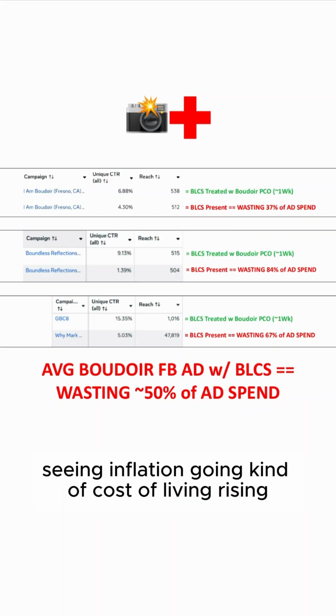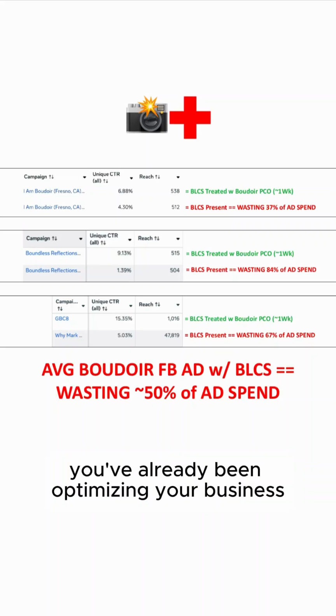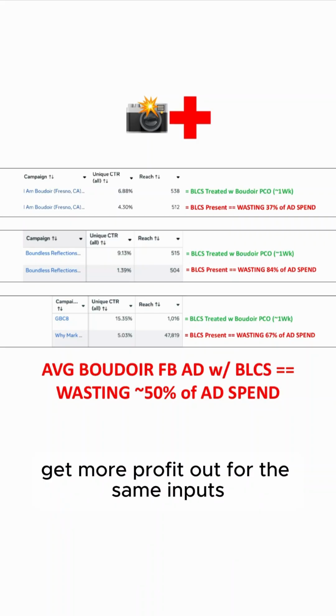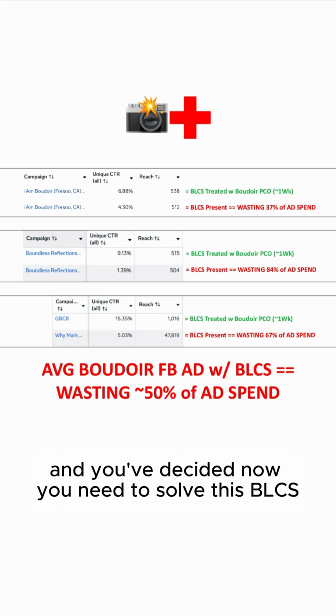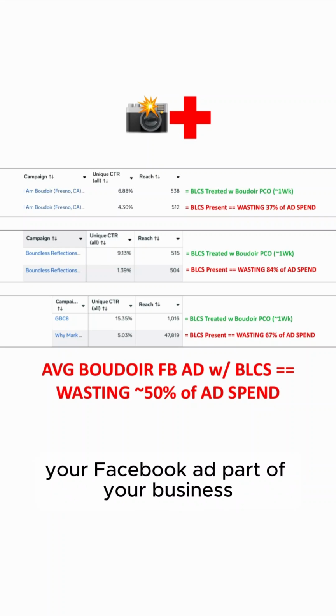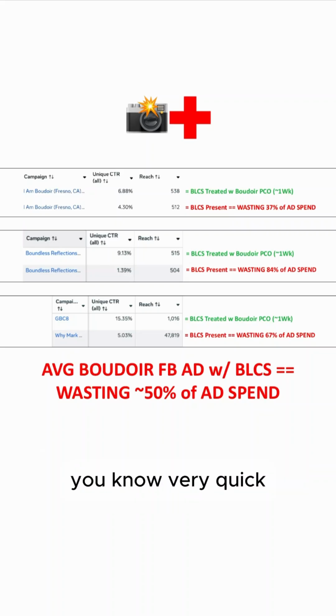And you're also seeing inflation going, cost of living rising, and you've already been optimizing your business, taking profit, optimizing other parts to get more profit out for the same inputs, and you've decided now you need to solve this BLCS, Boudoir low click syndrome. You want to pull the profits out of your Facebook ad part of your business, kind of plug these holes, which is very quick, takes only about a week.